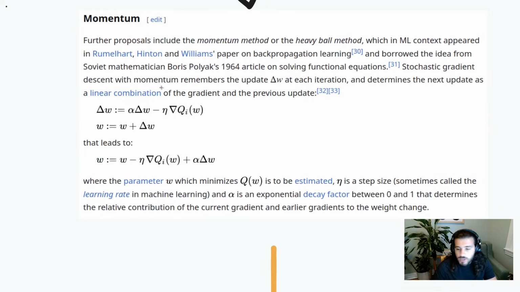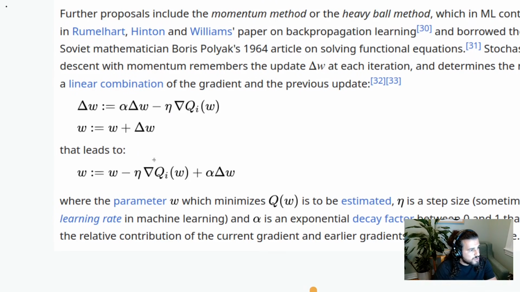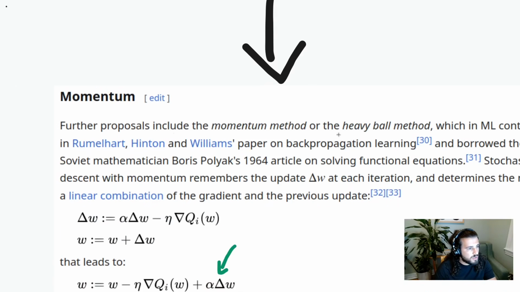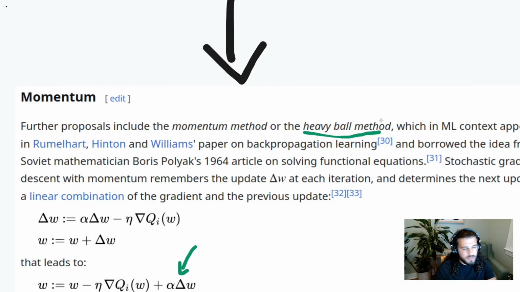Momentum, what it does, you still have this structure, but it's also taking into consideration the past update that you did. So whatever direction you were going before, you're still going to kind of go in that direction. That's why it's called the heavy ball method, because you can think about it as a ball rolling, and if it was rolling in this direction, it will keep rolling in this direction unless you have some motion that pushes you in another spot.